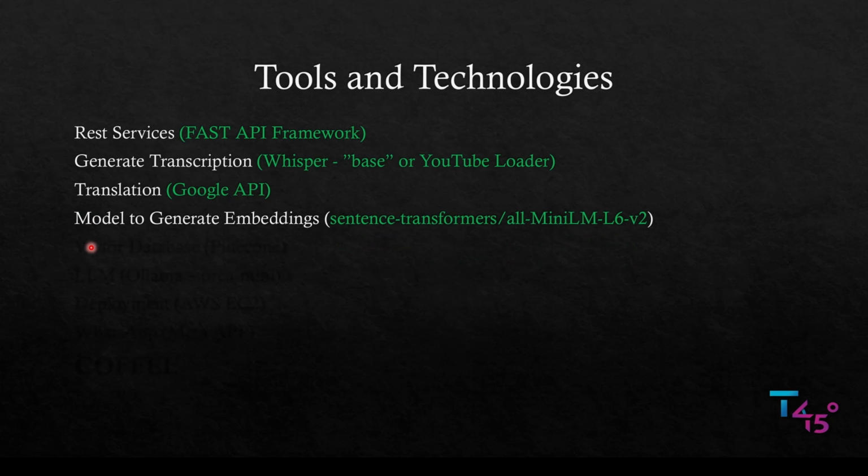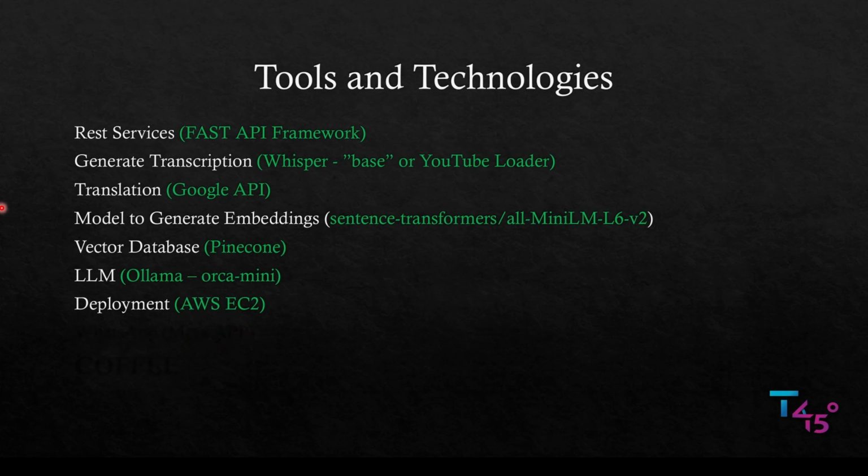And to generate embeddings, we will use a sentence transformer model, that is the all-MiniLM-L6-v2 model. And for the vector database, we will use Pinecone. And for the LLM, we will use Ollama Orca mini version. And for deployment, we will deploy on an AWS EC2 instance. And for WhatsApp, we will use Meta app. So in Meta app, we will create our WhatsApp.